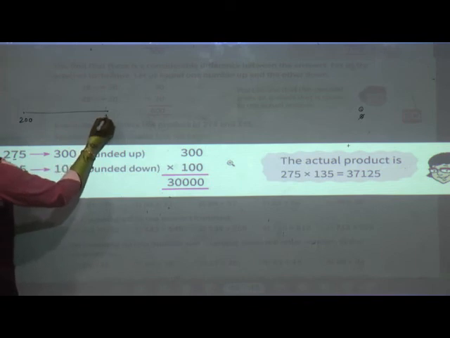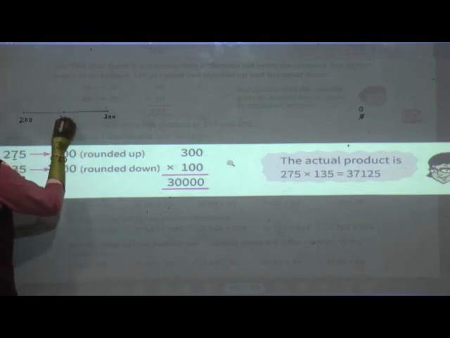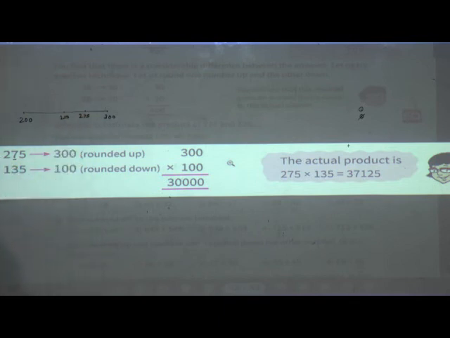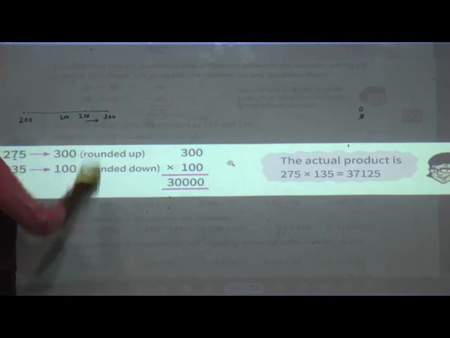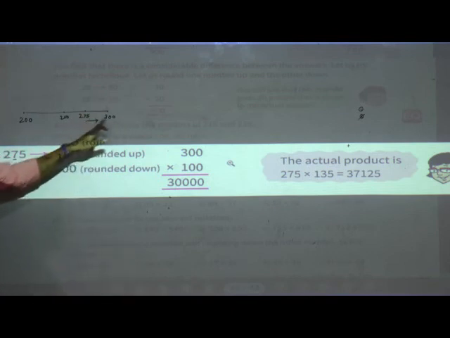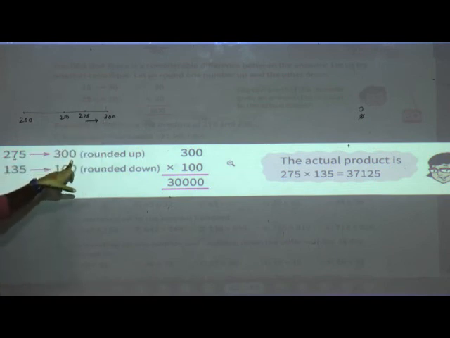Between 200 and 300. Here 250, and somewhere here 275 will lie, isn't it? Now one number we should take up and one we should take down. So the first number we will take up, so up means this side it will go. So 300. So we have taken 300.